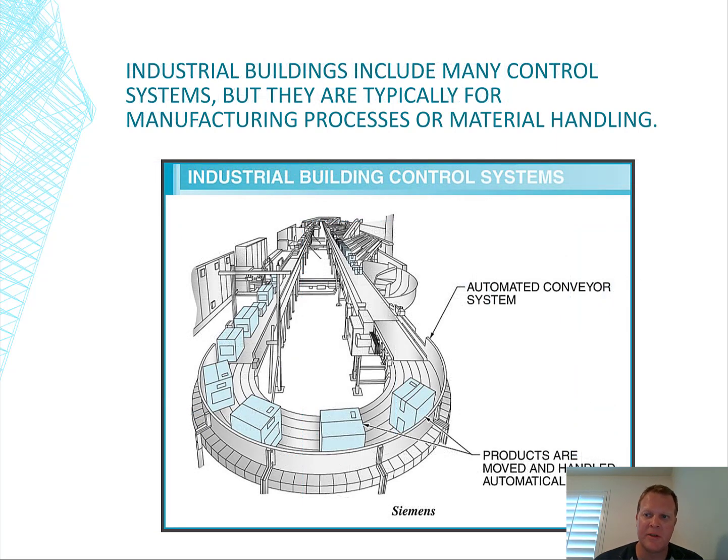Now, there are also some very large industrial buildings that I've worked on too that have tremendously complicated control systems. Just think of what happens at the airport, or something that might happen at FedEx, or at Amazon's warehouses here in the Salt Lake area, and any of the other major warehouses that we have.